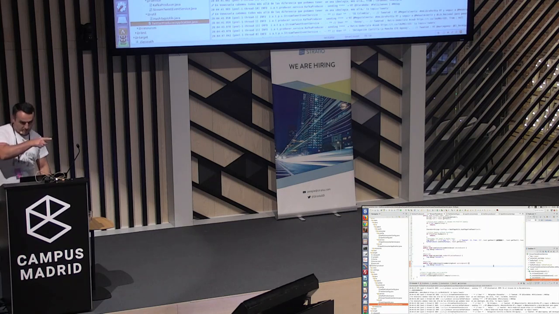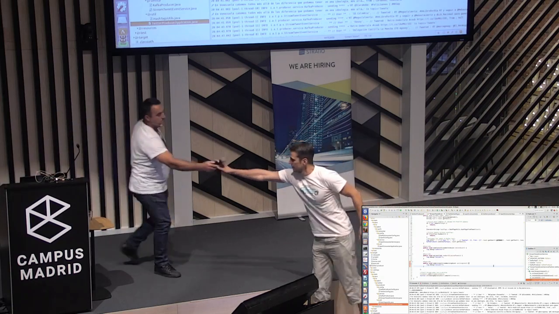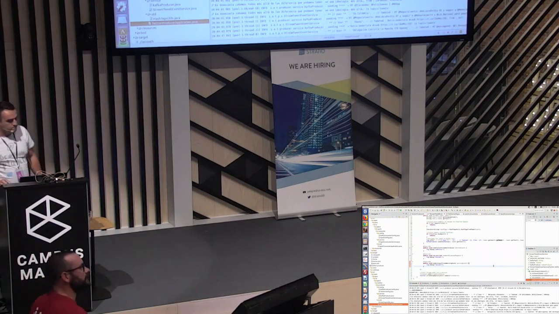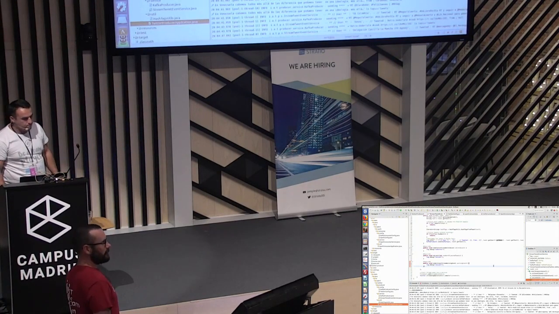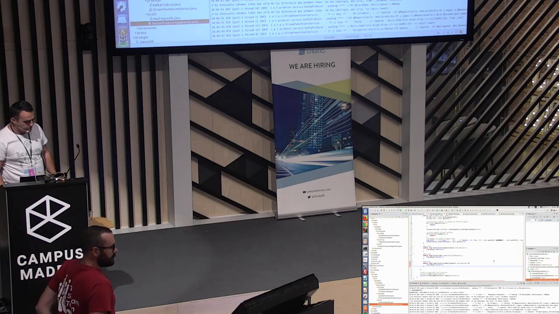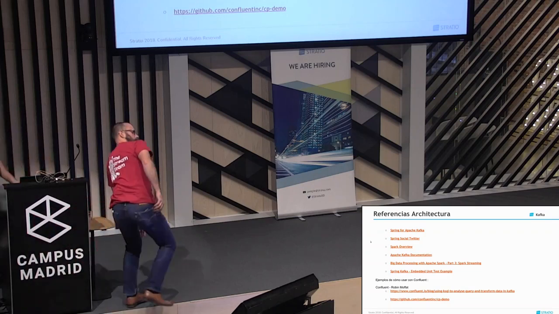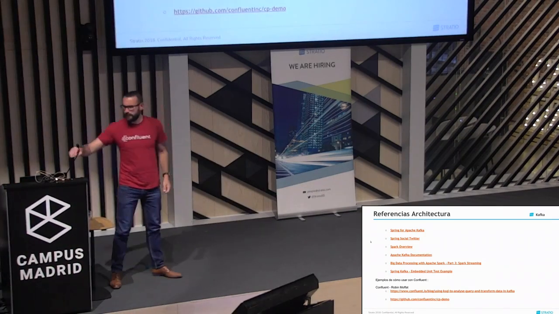Robin, one question for you. The information that is available in Kafka streams is only about the messages that are alive inside the event manager.